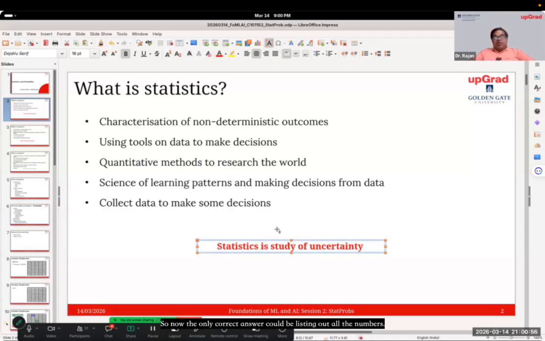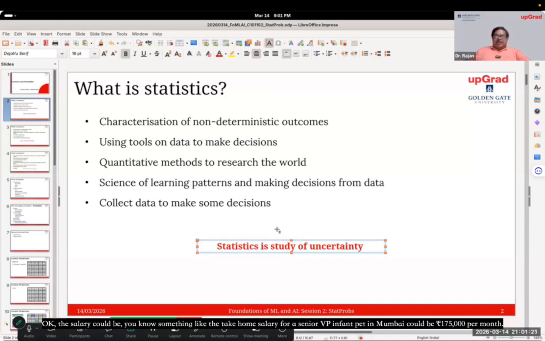Now the only correct answer could be listing out all the numbers. But that's ridiculous because we cannot comprehend that. Therefore, what should we do? We should give a few numbers. We should give a few answers.